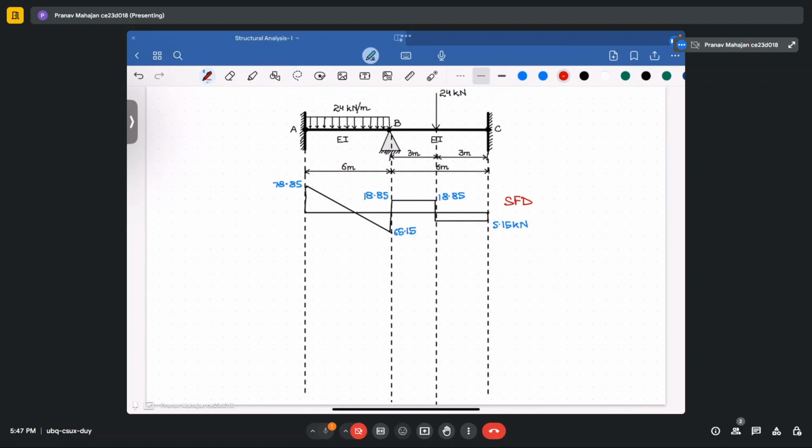Now about the bending moment diagram, so first we will draw the end moment values. So it is 85. Then we have 45. Then at the support we have 4.3.